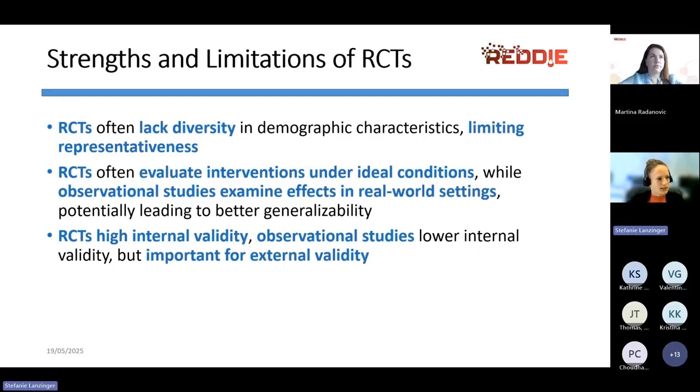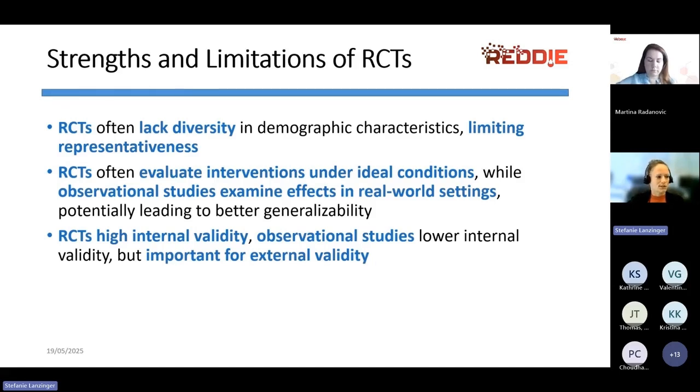So here again, the strengths and limitations of RCTs. RCTs have a lower diversity with regard to the demographic characteristics, often include a younger population and to a lower extent older population or pregnant women or very small children.